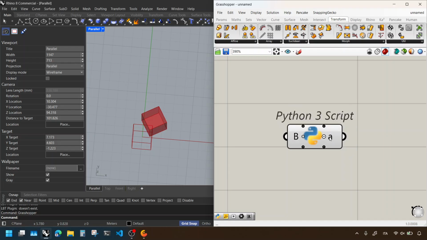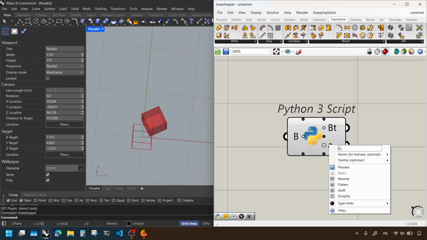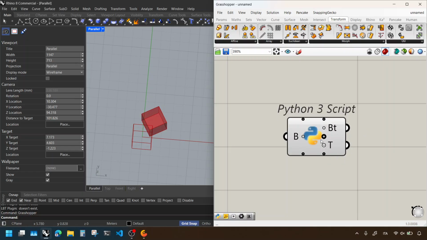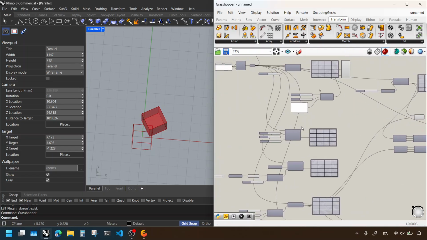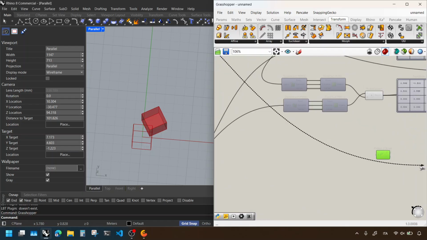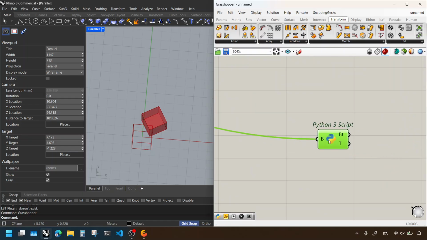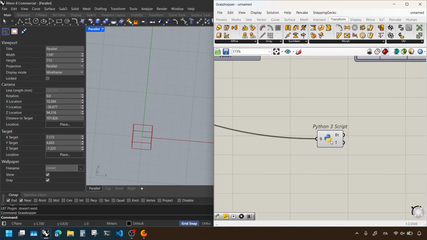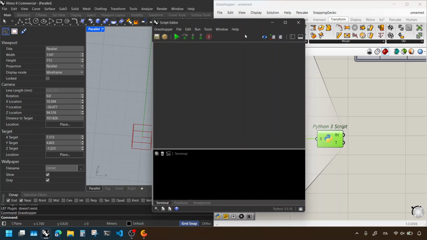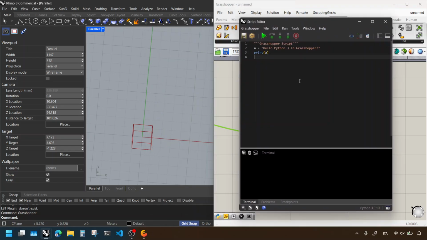We don't need the out, and we maybe want bt, which is the transformed brep, and t, which is the transformation matrix we use. Let's drop the brep in the input so that we can get it. Okay, like that. And let's also maybe hide this transformation. Okay. And then let's go and write a bunch of code.